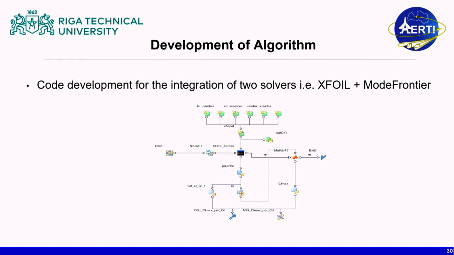So we developed a code and integrated these two software together in the Mode Frontier environment. By doing this, we increased the optimization performance and made it automatic with no user interface at all. That is the main advantage of this methodology we developed. And finally, we improved the speed of the optimization process.